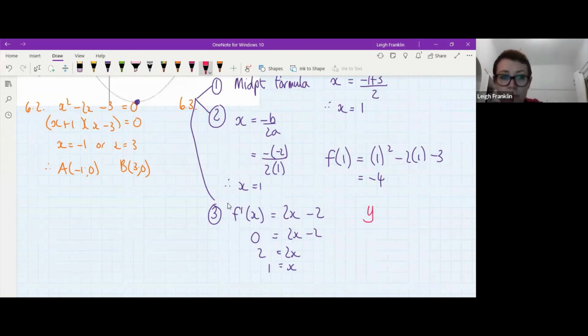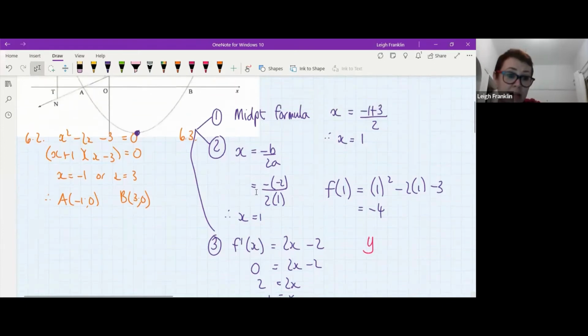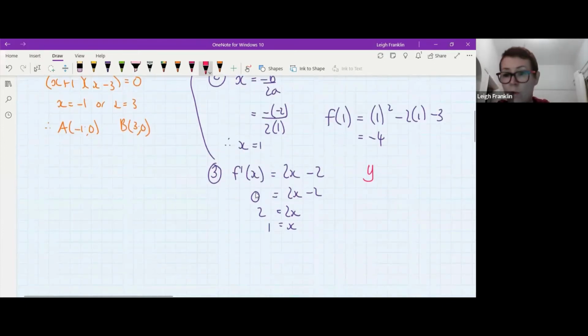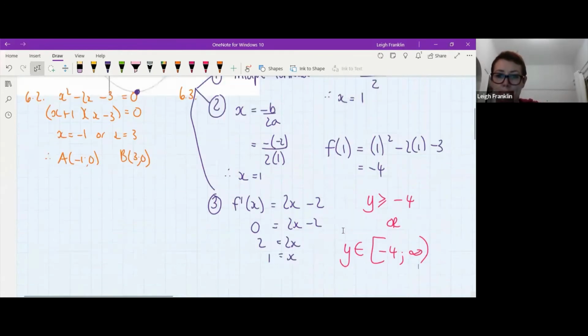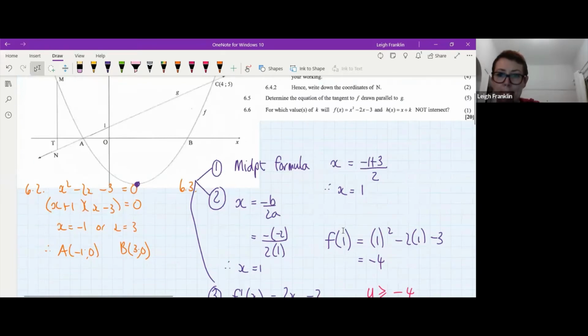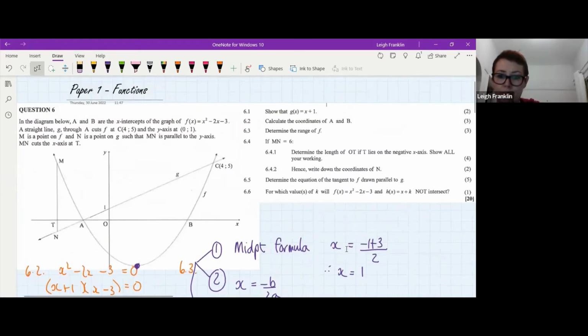Because the graph is a smiley face, either y is greater than or equal to -4, or if you're someone who likes the interval notation, y is an element of [-4, and it goes up to positive infinity) with a round bracket. Okay, everybody happy with that? Nice. All right, let's carry on.